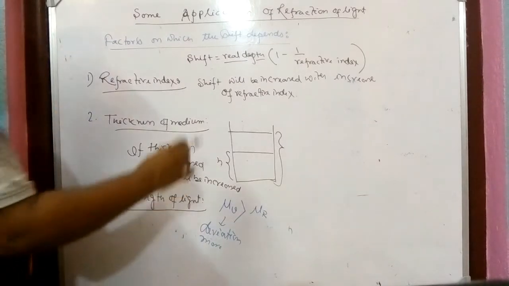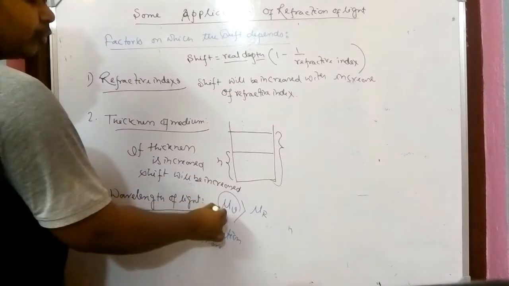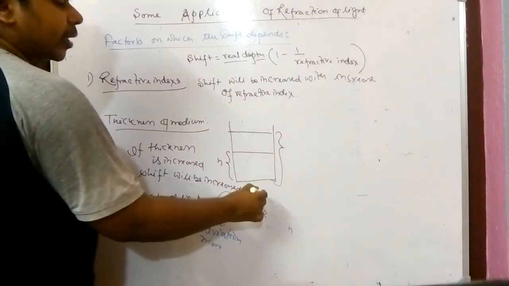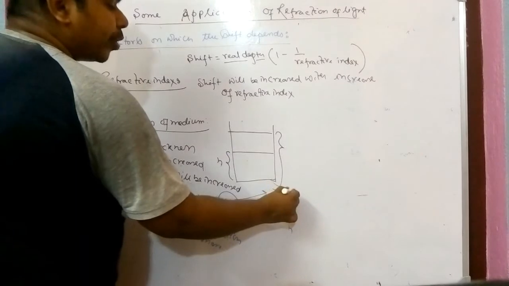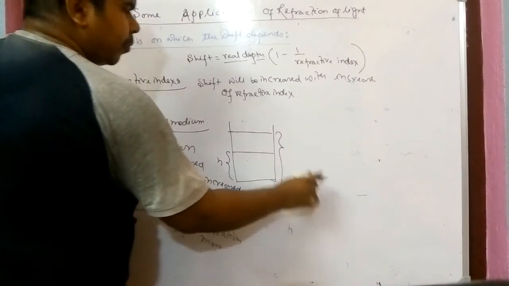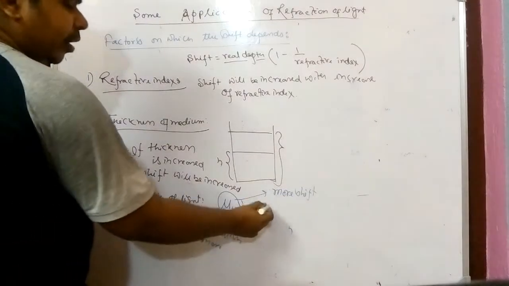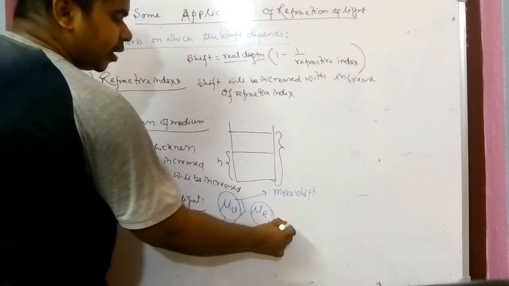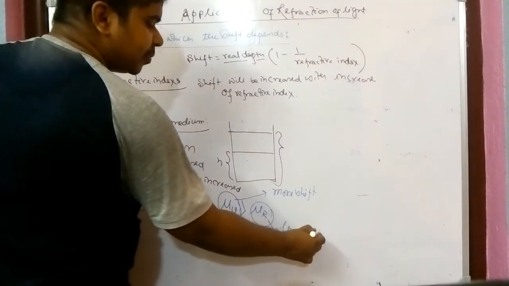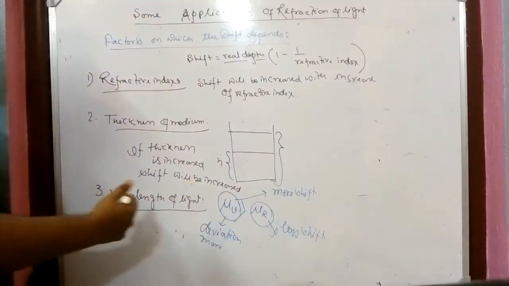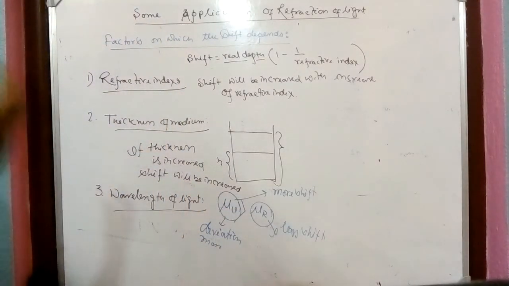So in this case, as the refractive index is more for violet color, more shift will be seen, because the wavelength of color will change the refractive index also. And if I am taking red color, then it will be less shift. So more the refractive index, more the shift, less the refractive index, less shift. So these are the factors on which the shift of light depends.